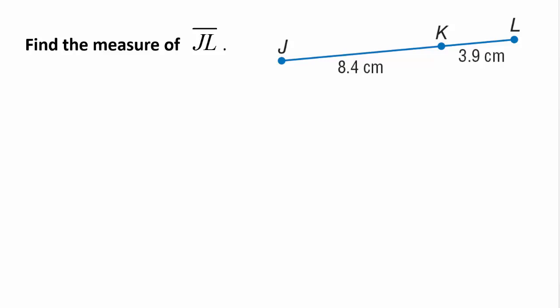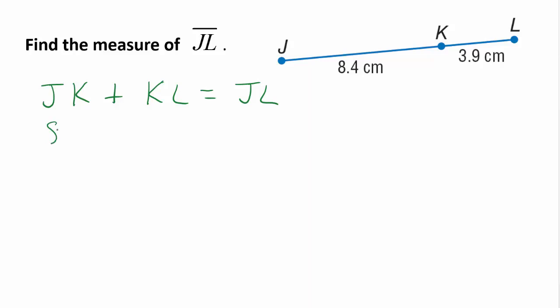We're going to go ahead and start by writing an equation. So JK plus KL equals JL. Again, we've got our two parts of the line segment, JK and KL, and together, because they are collinear, we can say that JK plus KL equals JL. So let's go ahead and plug in what we know.